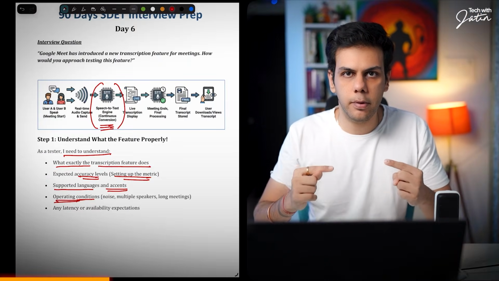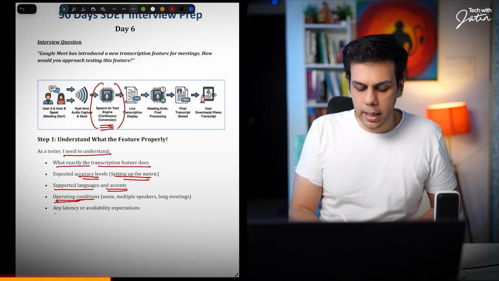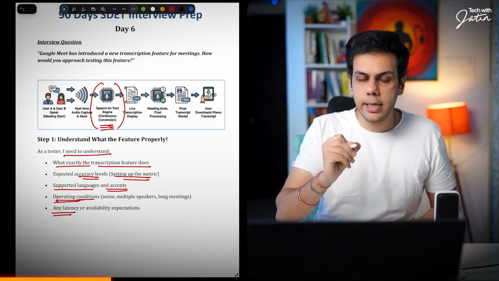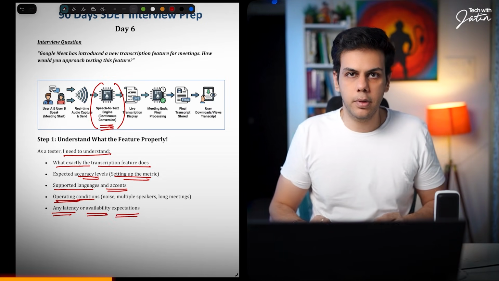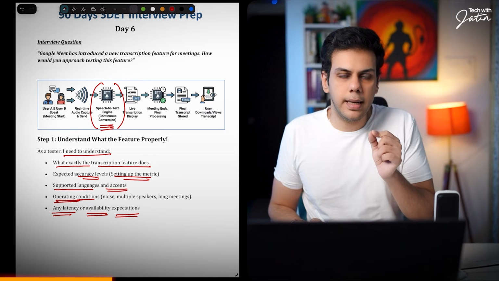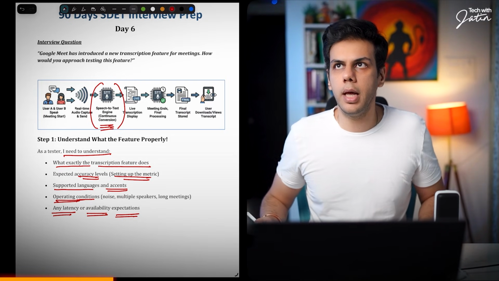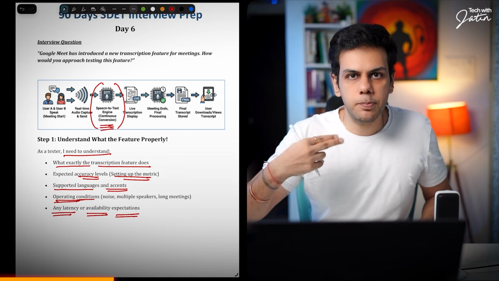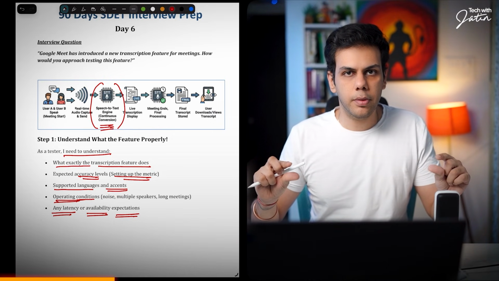Along with that, the most important thing that we need to focus on is any latency or availability expectation. What is going to be the latency as well as the availability of this feature? Now, as I am speaking, the subtitle is also getting shown to you.